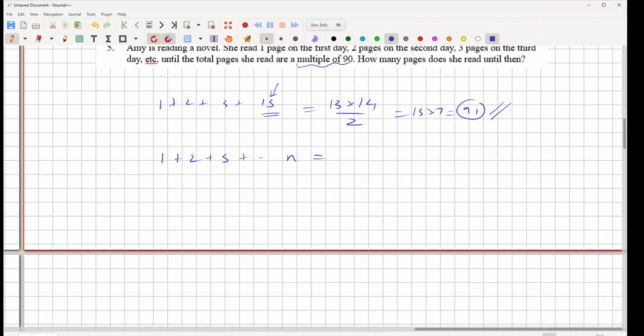So basically, we want 1 plus 2 plus 3, so on till n, to be some multiple of 9. So you want such an n where 1 plus 2 plus 3, so on till n, is 90 times k.